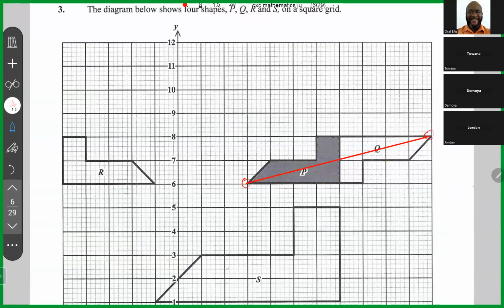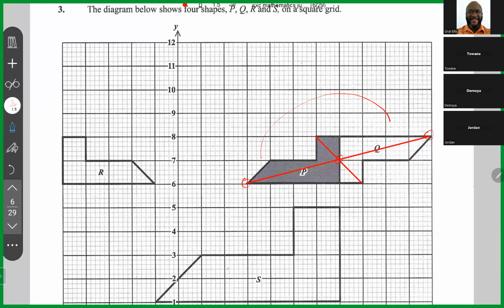The first point is on the object, the second point is on the image. All right, so I can tell you what it looks like to me. First of all, it looks like a rotation, and it looks like it's a 180-degree rotation. And it also looks as if this point here is the center of the rotation.